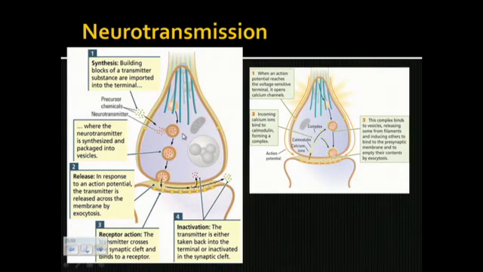They're packaged with neurotransmitters that have also been synthesized in the neuron and transported down these microtubules. When a neuron is not activated, they are packaged into these granules here until they are needed for use.